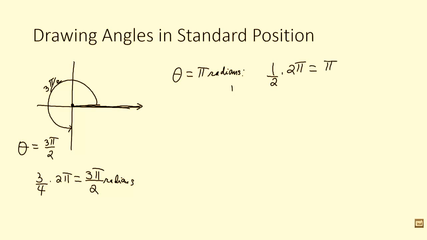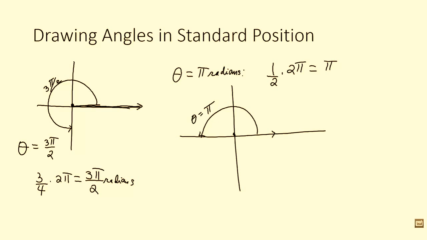So in standard position, the vertex is at the origin, and I begin along the positive x-axis. So pi radians would be beginning here and ending here. So this would be pi radians, expressed in standard position.